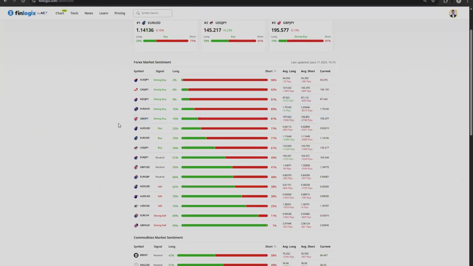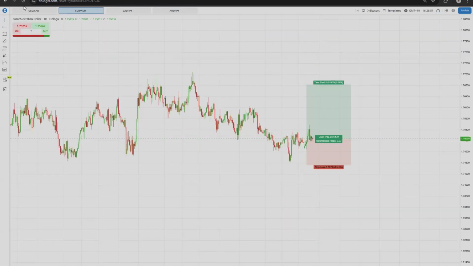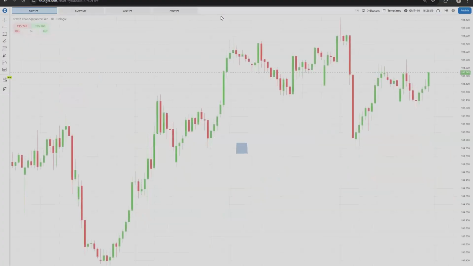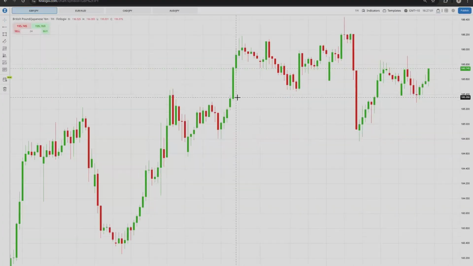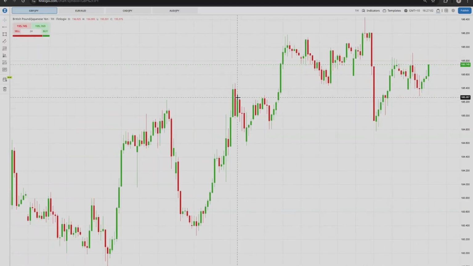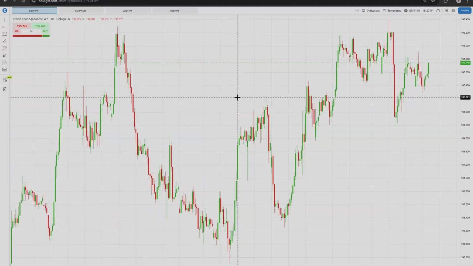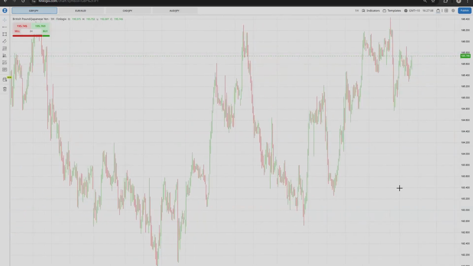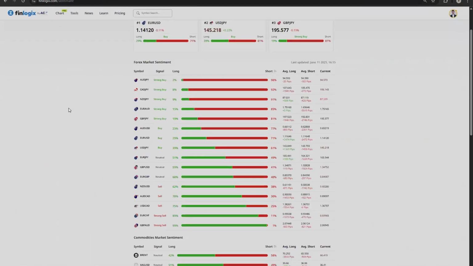Next one is GBP yen. So we have a strong buy on GBP, UK against Japan.